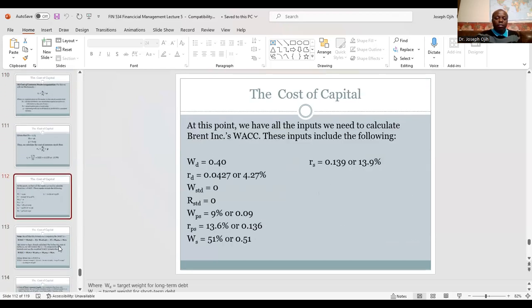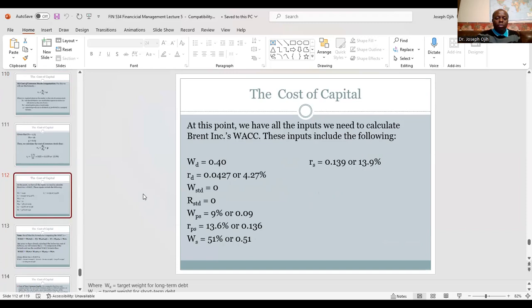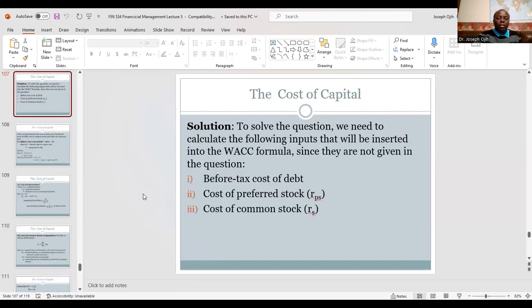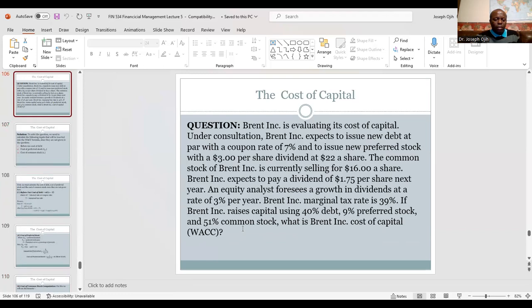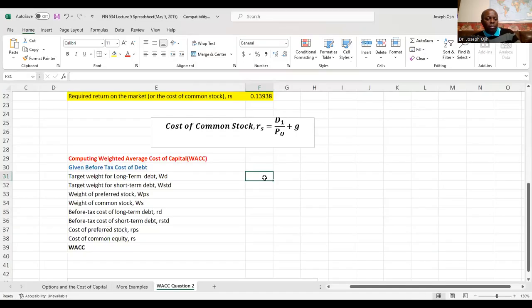See, it says WD represents the target weight of long-term debt. Okay, it says here that Wdrd Incorporated raises capital using 40% debt. So the target weight of long-term debt is 40%. So we can go there and put 40%, which is 0.4. Okay, 0.4.